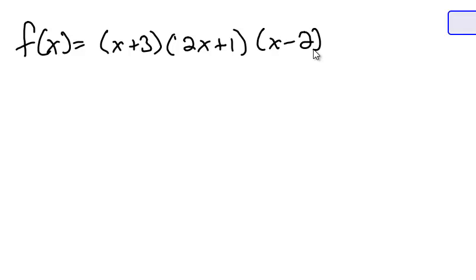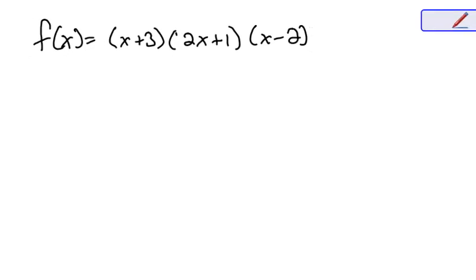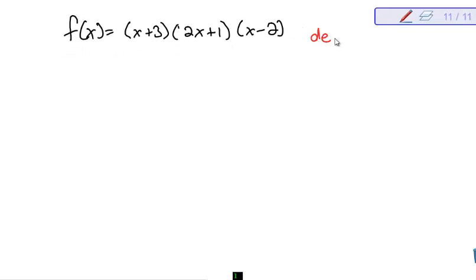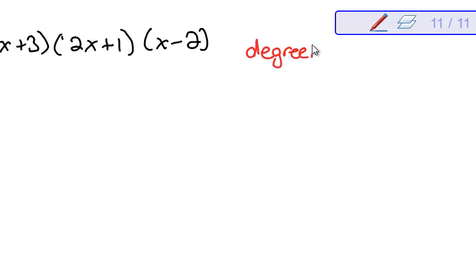So the first thing that I want to know is, what is the degree of this polynomial? Well, this one has an understood 1 exponent, this one's an understood 1 exponent, and that one's an understood 1 exponent. So the degree of my polynomial is a 3. So I have a third order degree.